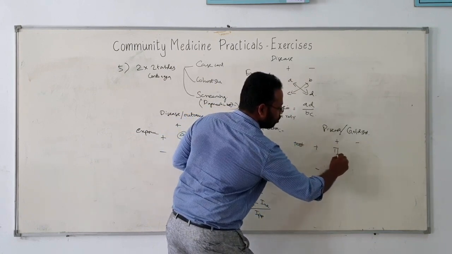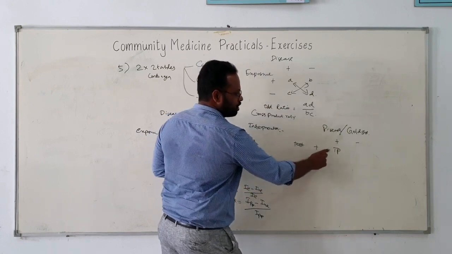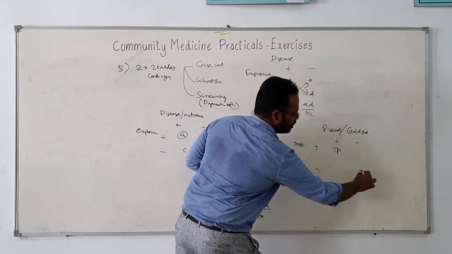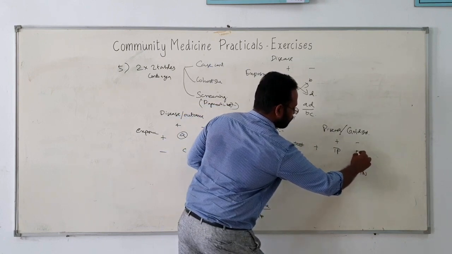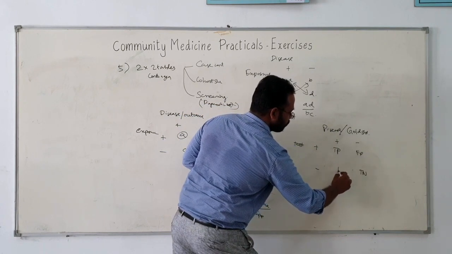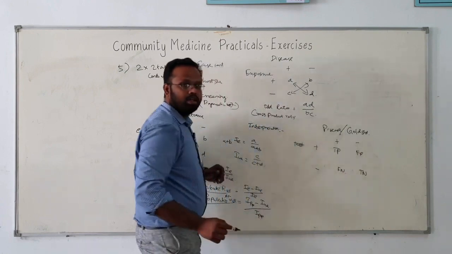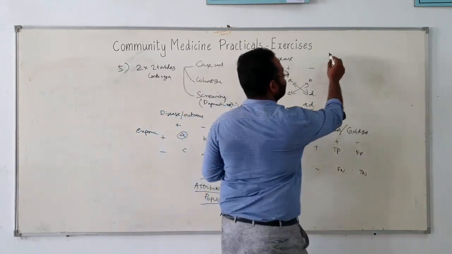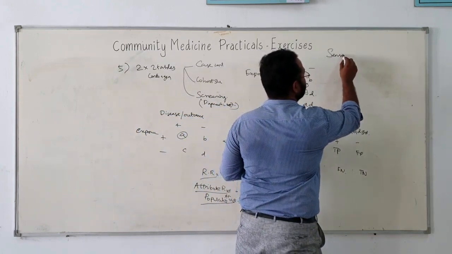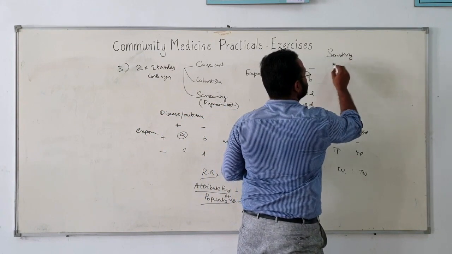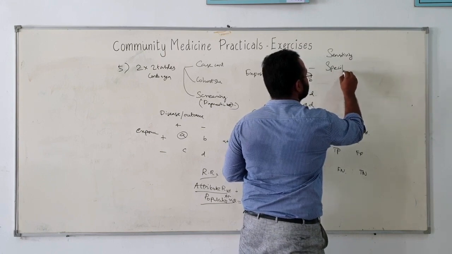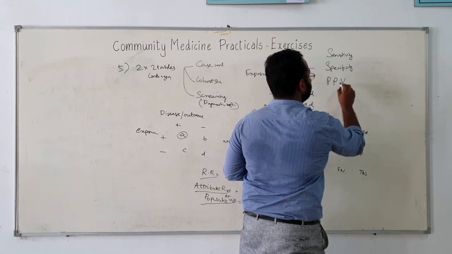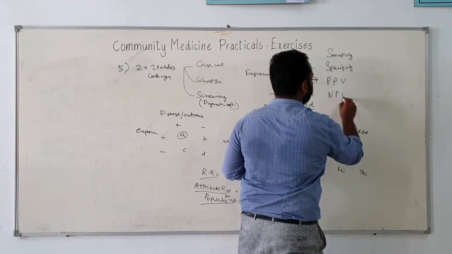The test says positive and actually this is true positive, this is true negative, this is false positive, this is false negative. Now, you can calculate 4 values from here. One is sensitivity, specificity, positive predictive value, negative predictive value.